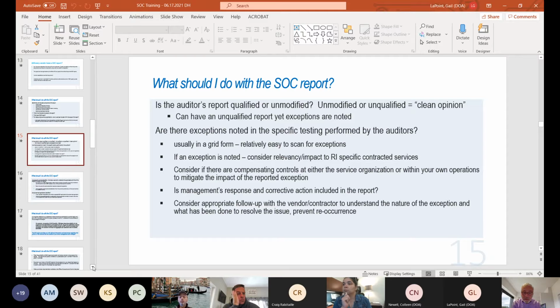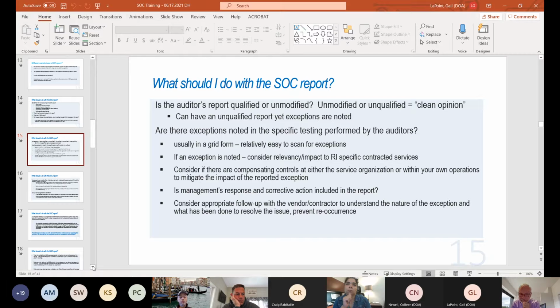We would also be looking for whether there are compensating controls, either at the service organization or within your own operations, to mitigate the impact of the reported exception. Is management's response and corrective action included in the report? This is really critically important. If there is an exception noted, it's really important to see how the service organization responded to that.